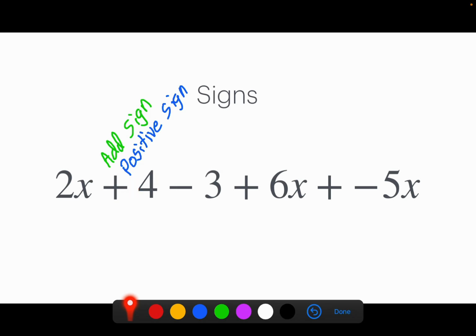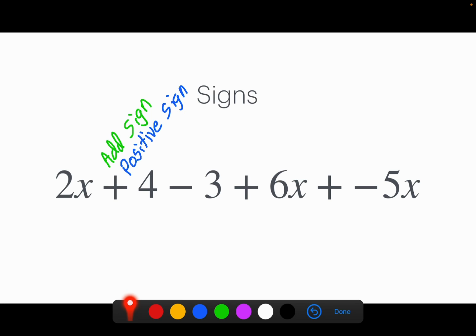So when we have an addition sign right next to a number, to the left of a number, not to the right of this number, but because it's to the left of this number, that means this is also a positive sign. So an addition sign and a positive sign can be the same thing. They mean two things. So this means we're adding these two, but this also means this 4 is to the right of 0. Let's look over here.